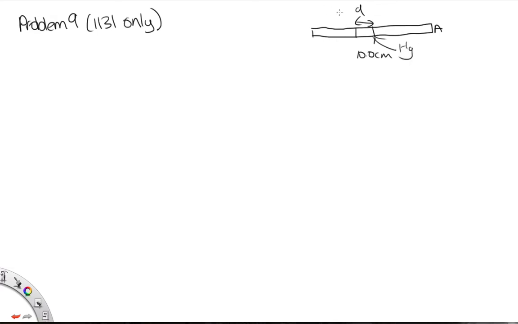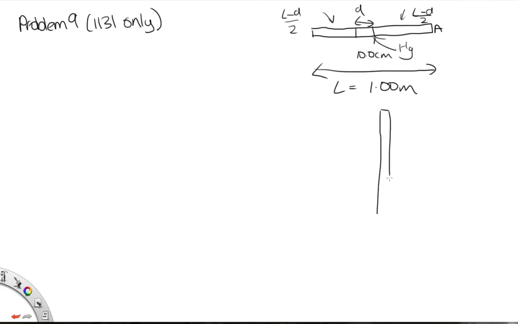And then let's let the tube have a length L, which is 1 meter. It's initially on its side, and we have an equal length here, so this is (L - D)/2, and here (L - D)/2. And then we turn it up so that it's vertical.